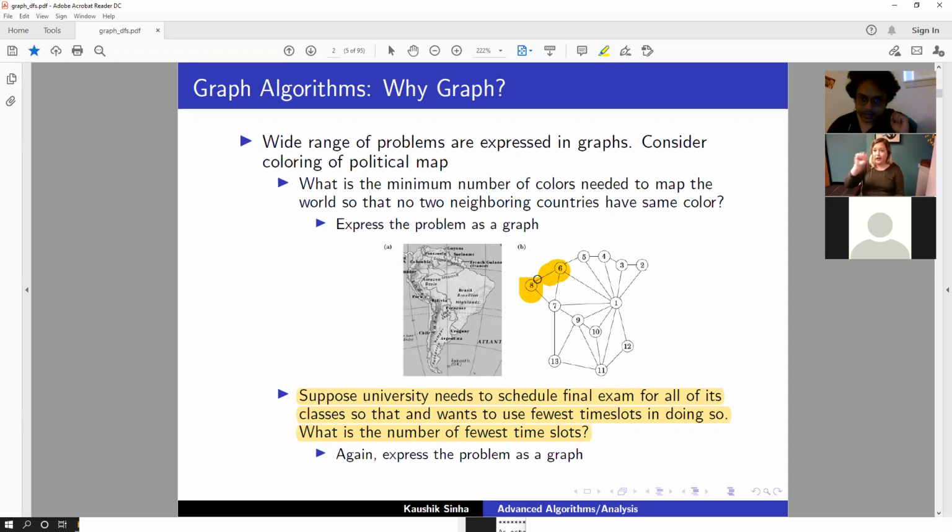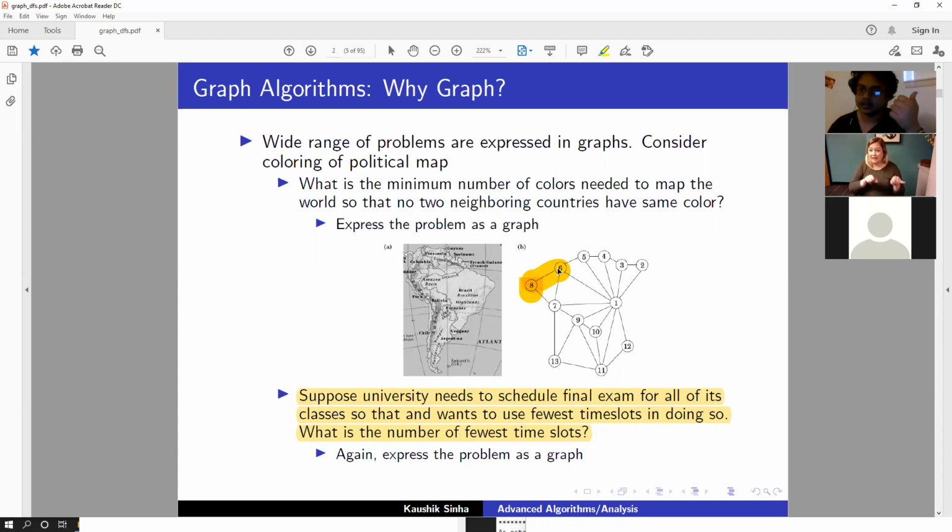Now, every edge between two nodes, let's say, represents whether a student takes both of these courses. So when there is an edge between 6 and 8, we say that there is one such student that takes both class 6 and class 8, right? So in that scenario, we cannot color both 8 and 6 in the same color.